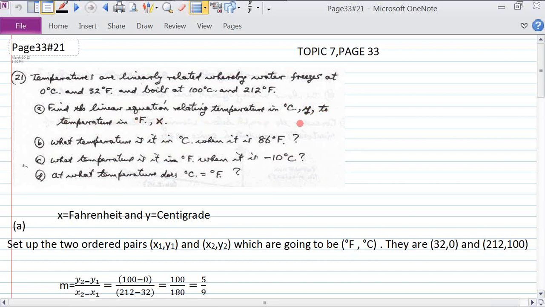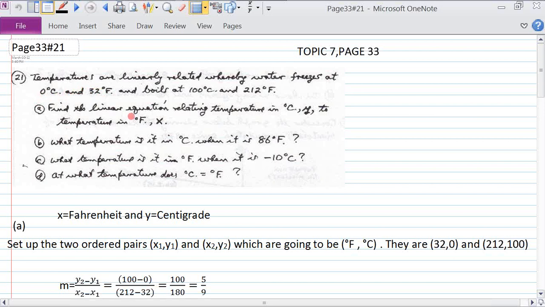So we're going to get some kind of an equation, y equals something x, a slope in front of the x, plus a b value, because there's not a very simple relationship between these two. It's not double or triple or something like that.